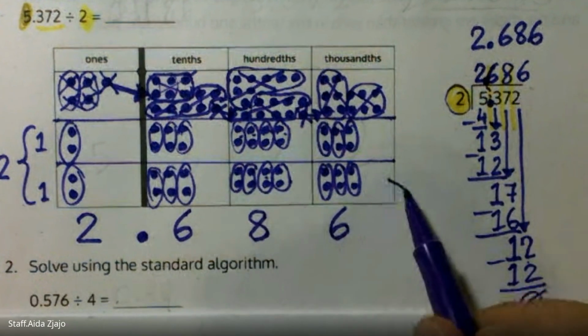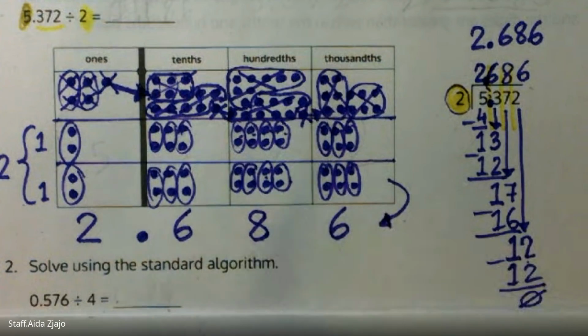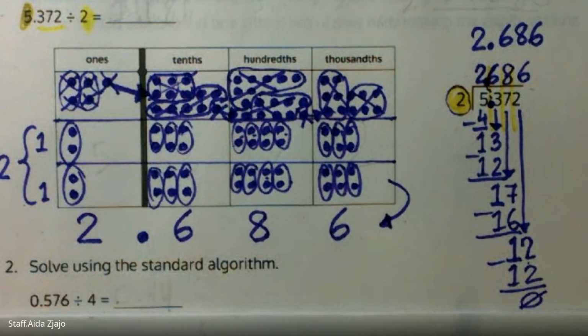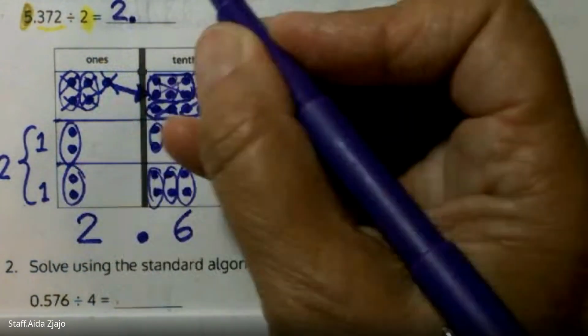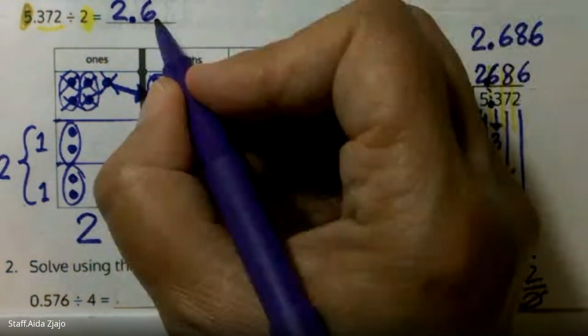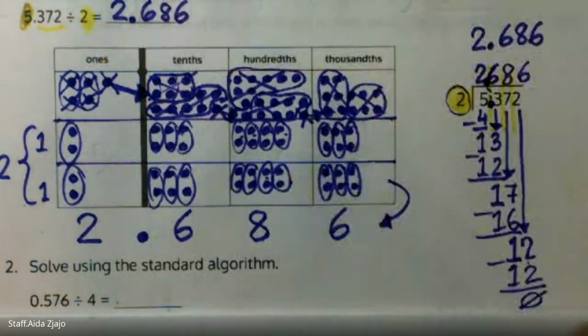So in each group is 2 wholes and 686 thousandths. And this is how it matches. So the answer is 2 wholes and 686 thousandths.